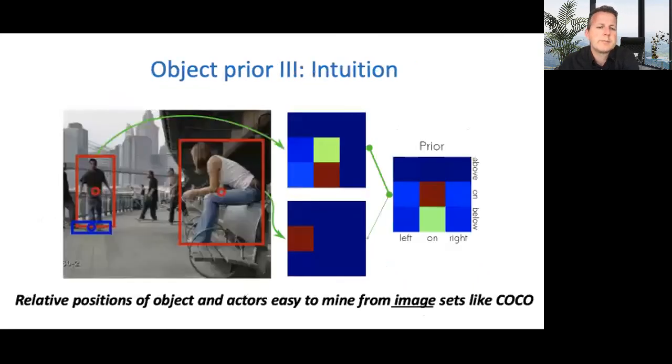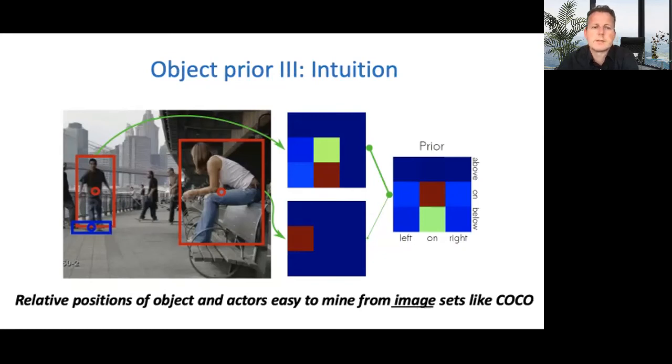Now, the third prior is spatial relationship between actors and objects. And this shows the intuition. Here we have two actors being visible, and we are looking for the activity skateboarding. Now, the relative positions of objects and actors, you don't need videos to mine these relationships. You can again rely on static image data only, for example the images that are provided in MS COCO.